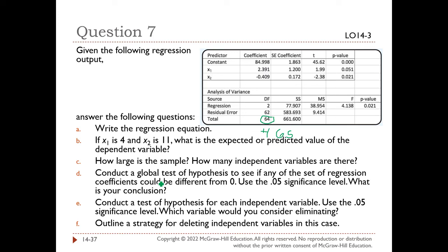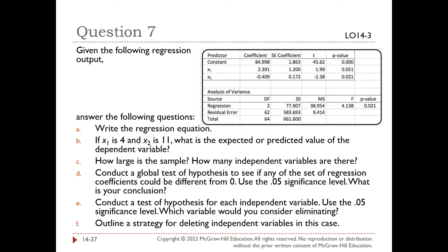How many independent variables are there? There are 2. We can actually see that with the degrees of freedom. It's really all that they're asking for.